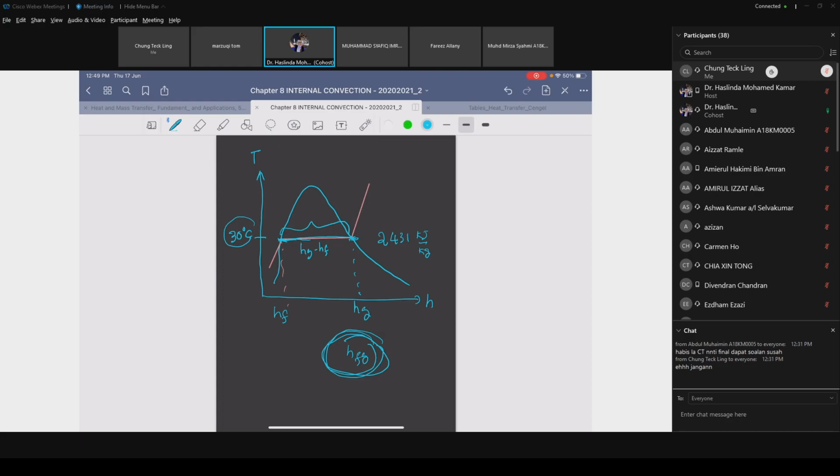Meaning that, okay, enthalpy, H is enthalpy sebenarnya. Between these 2 points at 30 degrees Celsius, it uses 2,431 kilojoule of energy per kilogram to vaporize this water. Faham tak?